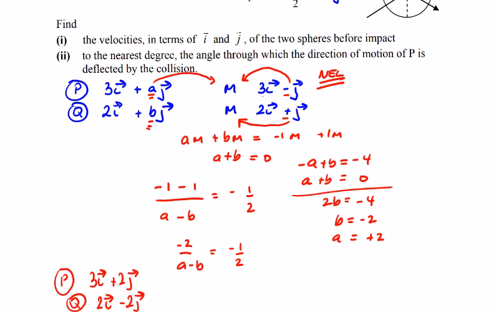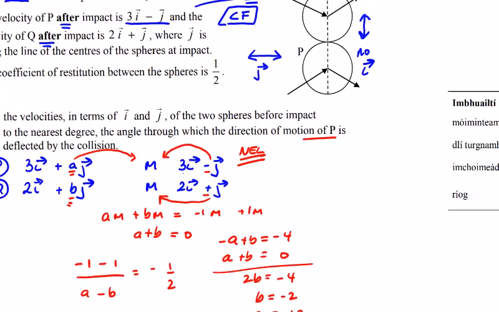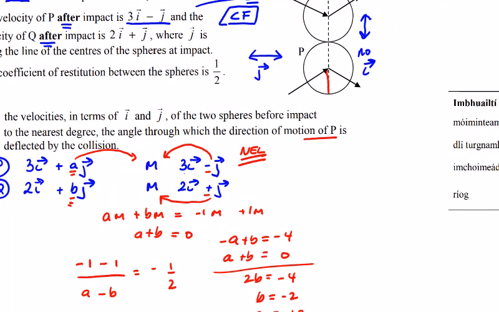And then we're asked for the angle to the nearest degree to which the direction of motion of P is deflected by the collision. When we take this angle here and then this angle here, we need to get these two angles and add them together. We call this one in here A and this one in here B. And I might actually draw the angle slightly differently.